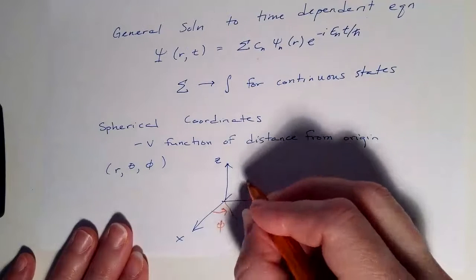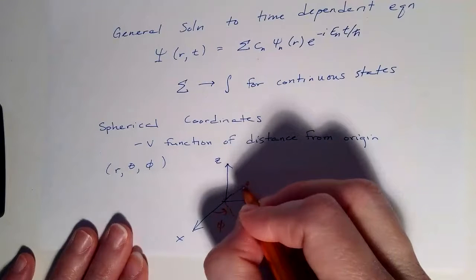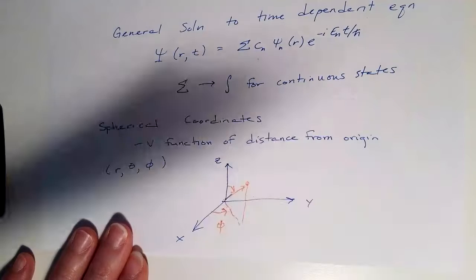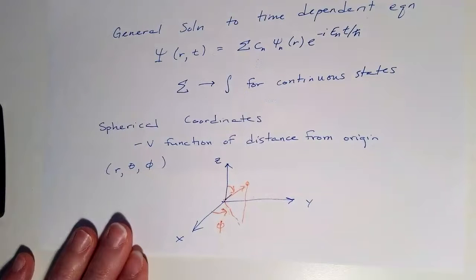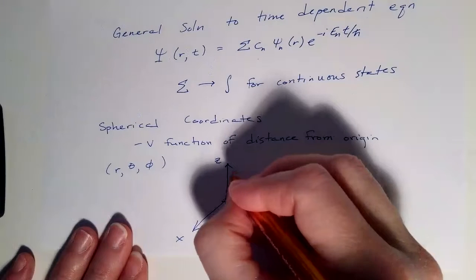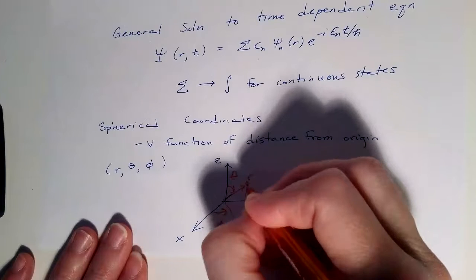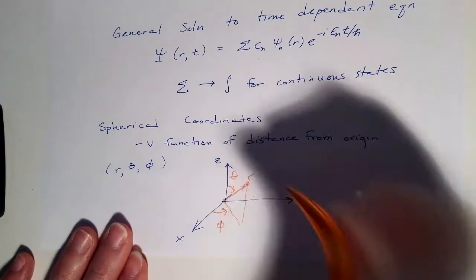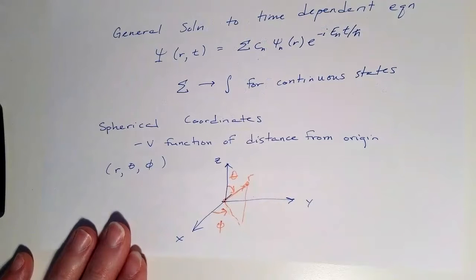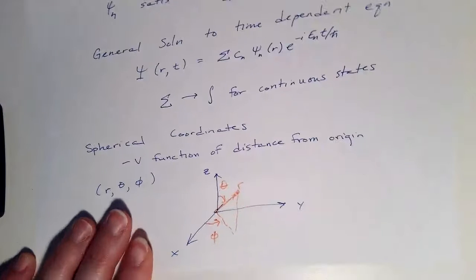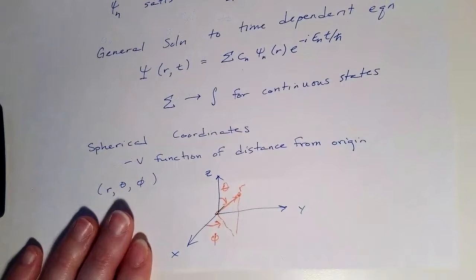Then I'm going to go up to that point and measure a certain distance from the z-axis; that is theta. And this distance out from the origin, that length, is r. So theta is my distance down from the z-axis. Phi is my distance around clockwise towards the positive y-axis from the positive x-axis. And r is my distance out to that point from the origin.